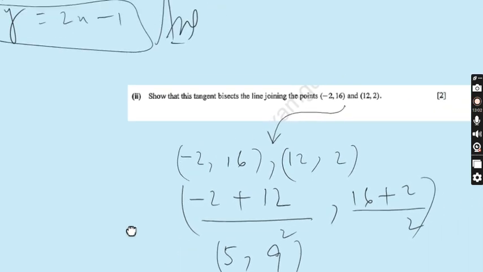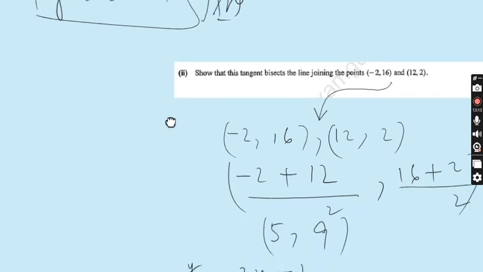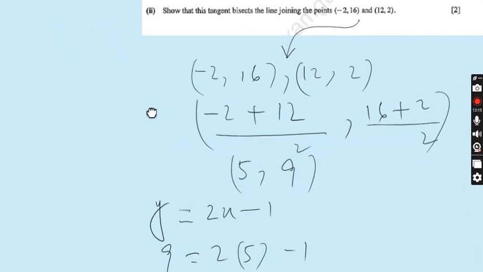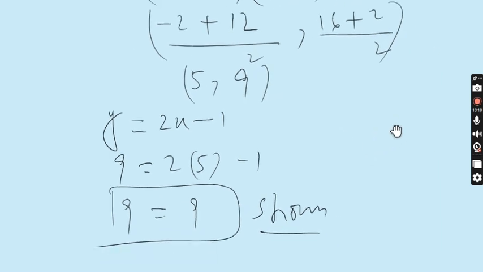See again the question. Show that this tangent, meaning the line which we found in part number 1, y equals 2x minus 1, or I can read, show that y equals 2x minus 1 bisects the line joining the points minus 2, 16 and 12, 2.